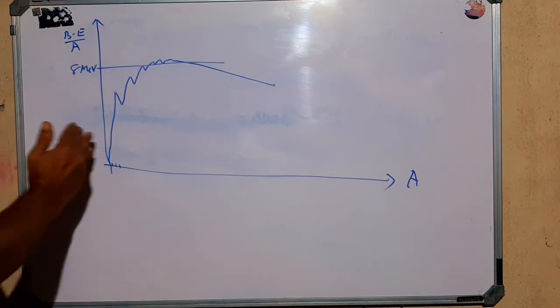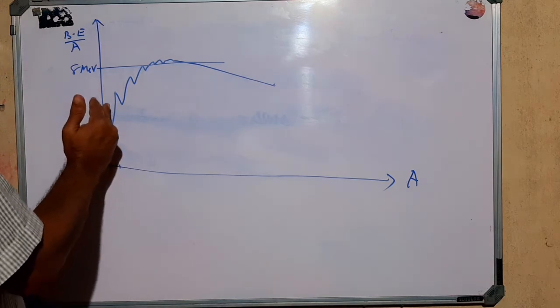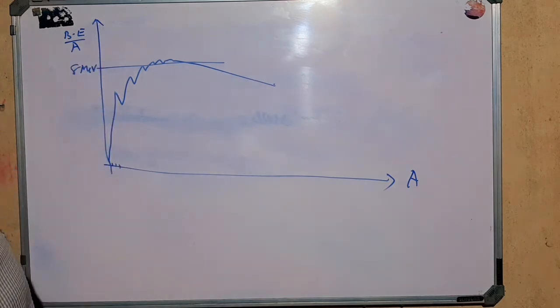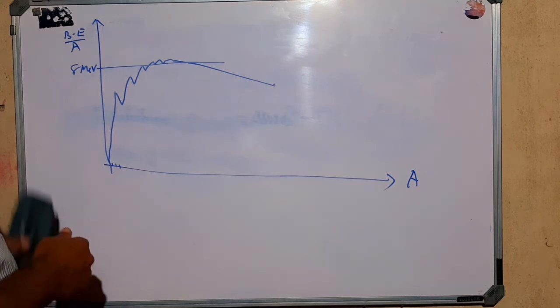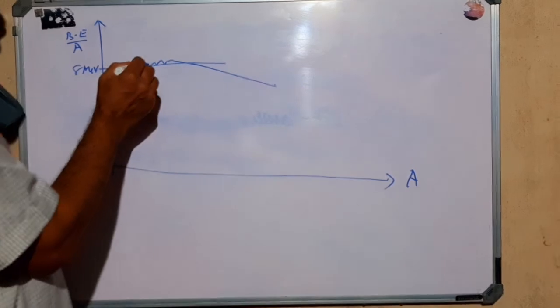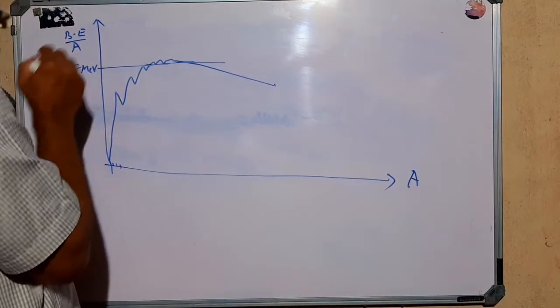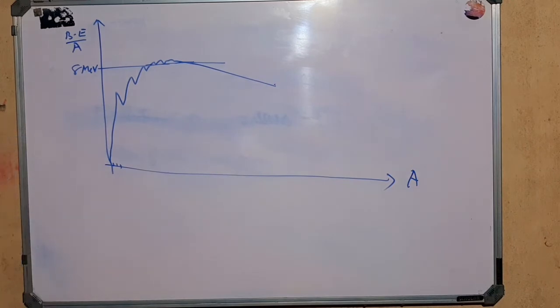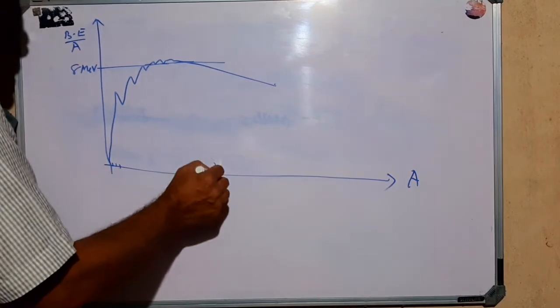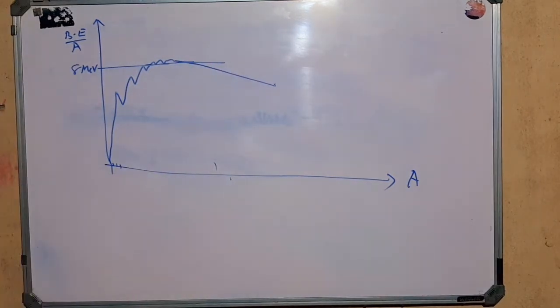Then later, after say 20, this increases rapidly. Then around 40, when you reach it, what happens? The binding energy is almost constant at about 8 million electron volt. At higher values of mass number, there is a slight decrease in the binding energy.